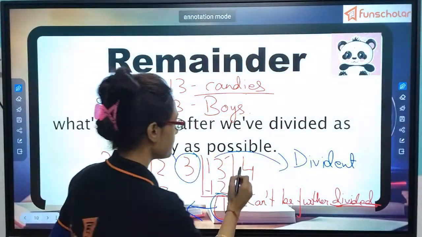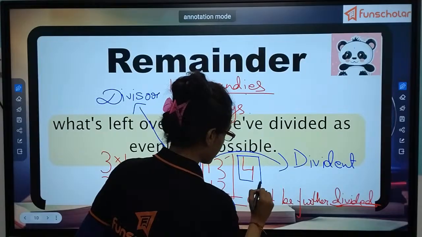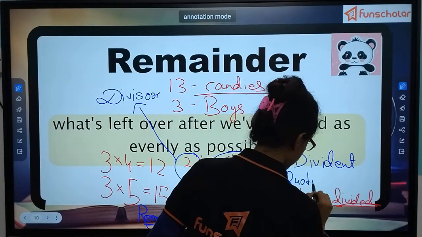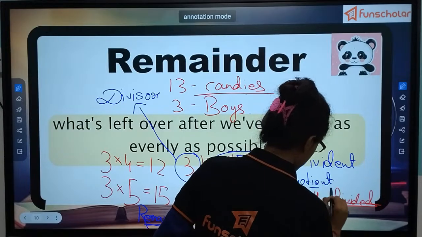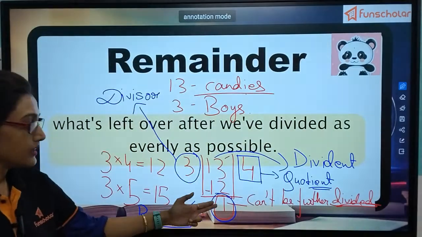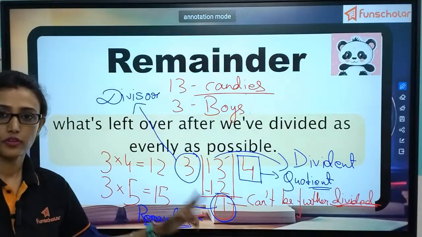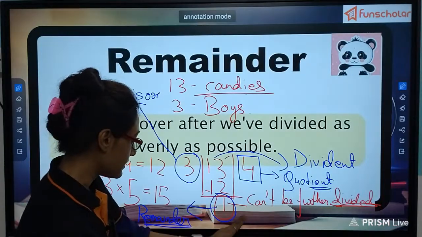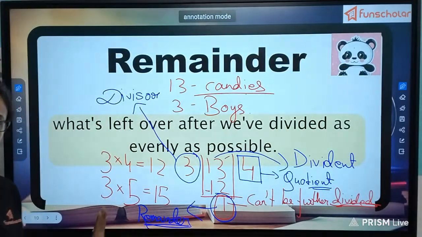And what is the result we got? That each will get 4 candies. So this is the quotient. But at the last we see that 1 candy is left, which cannot be divided equally. So the remaining number is known as what? Remainder.